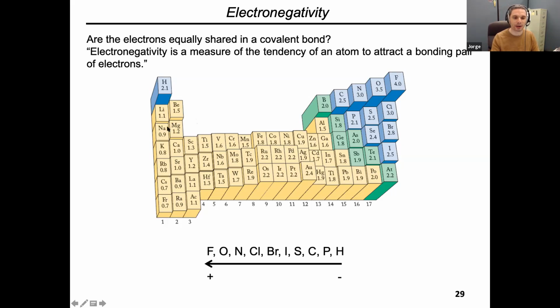And of course, you have all the other metals here that we are not going to cover, okay? So let's focus our attention on those elements that are present in covalent compounds. Fluorine, the most electronegative, and hydrogen, the least.